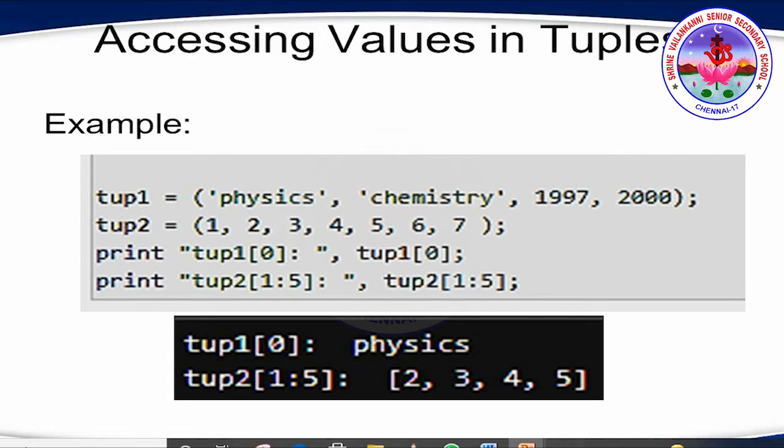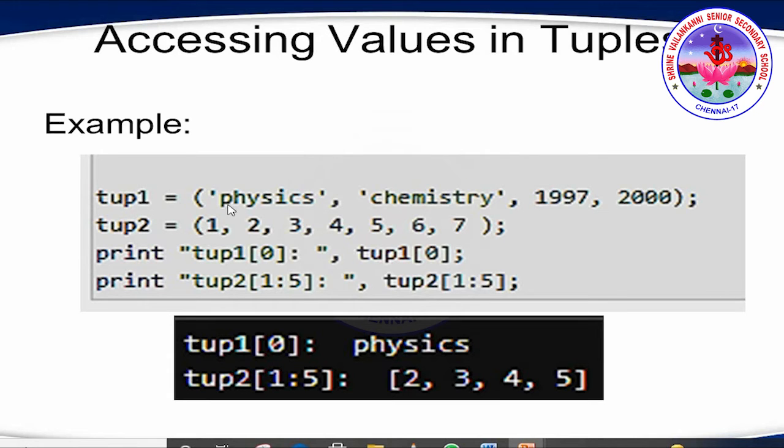Accessing values in tuples. Let's see an example. Tuple 1 is equal to physics, chemistry, 1997, 2000. Tuple 2 is equal to 1, 2, 3, 4, 5, 6, 7. Here we are trying to print tuple 1 of 0, then tuple 2 of 1 colon 5. When it comes to tuple 1 of 0, what happens?